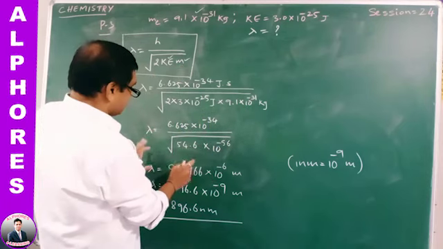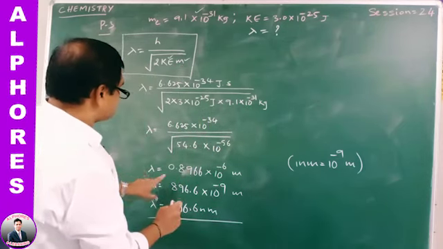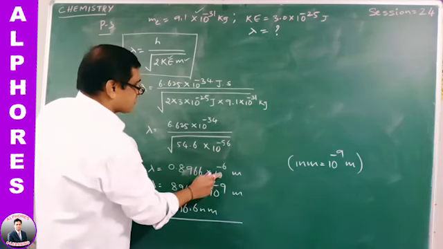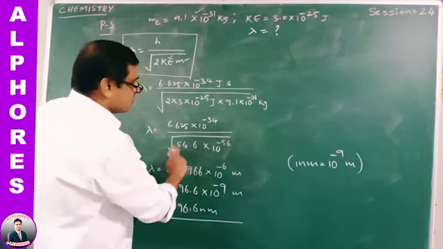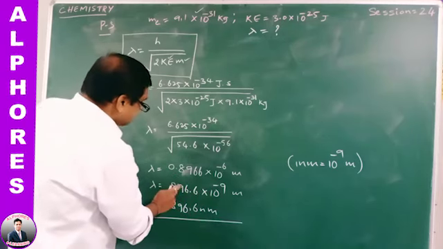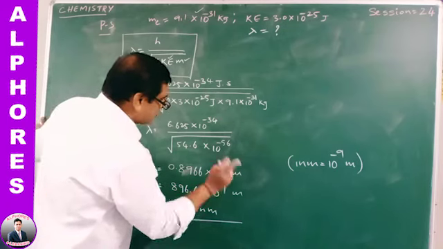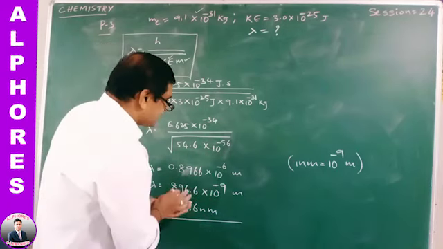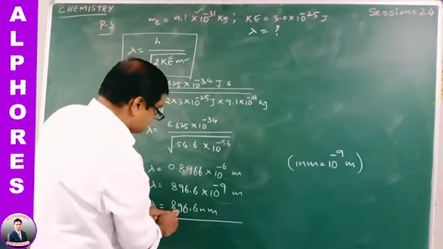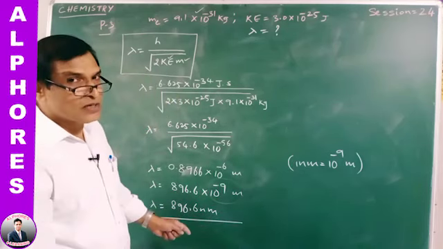On solving this, lambda is equal to 0.8966 into 10 to the power minus 6 meters, or 896.6 into 10 to the power minus 9 meters, and this 10 to the power minus 9 meters is equal to 1 nanometer. That way it is 896.6 nanometers.